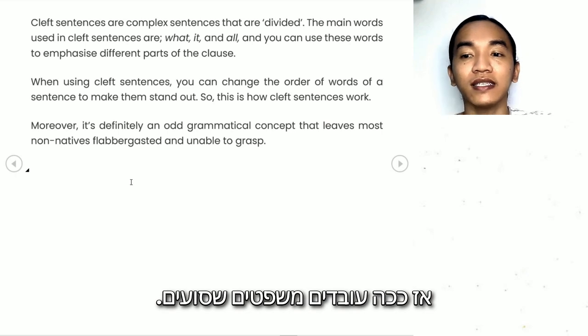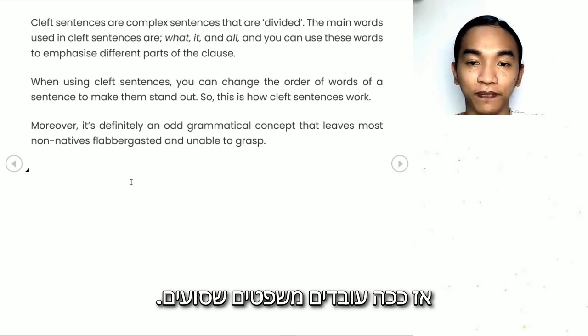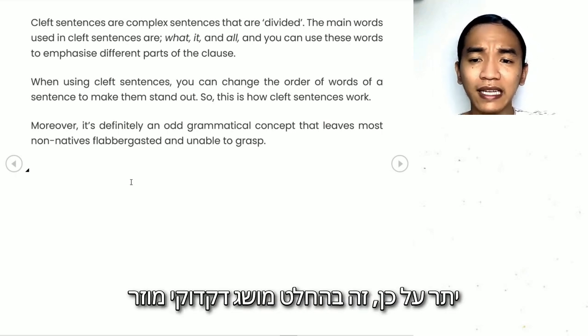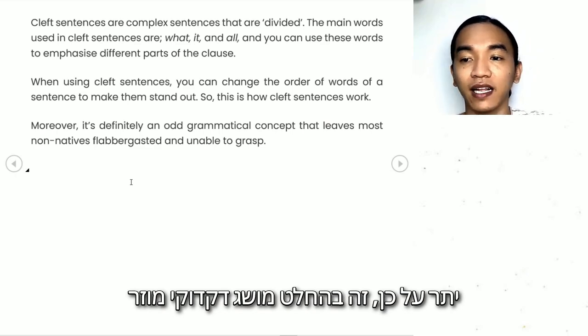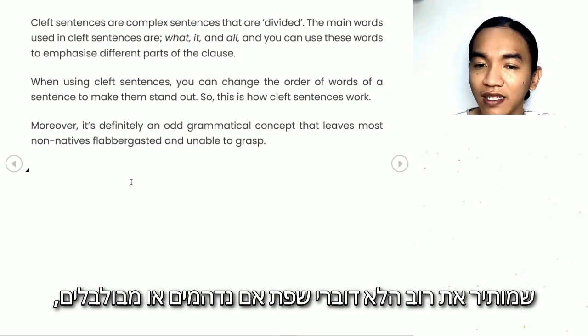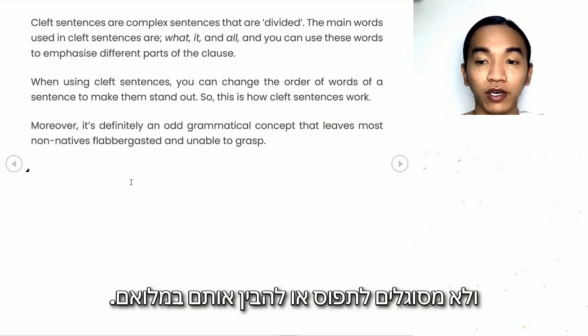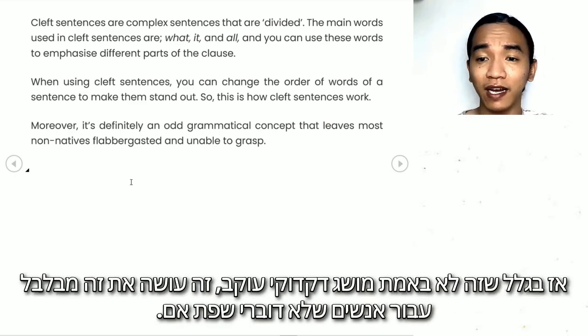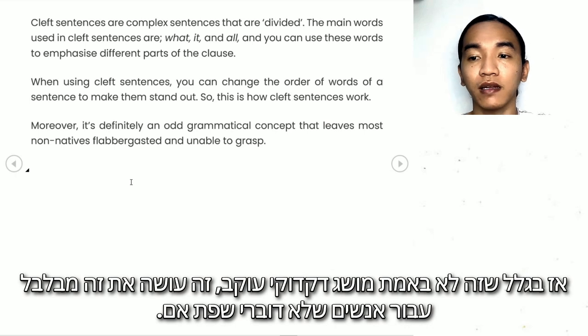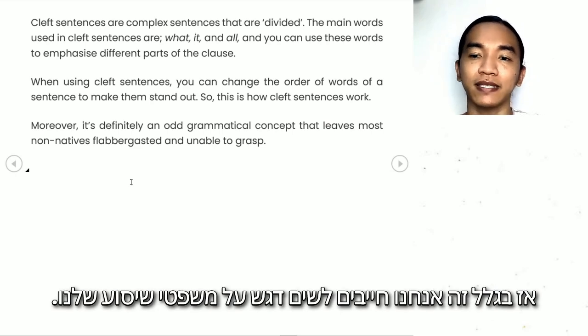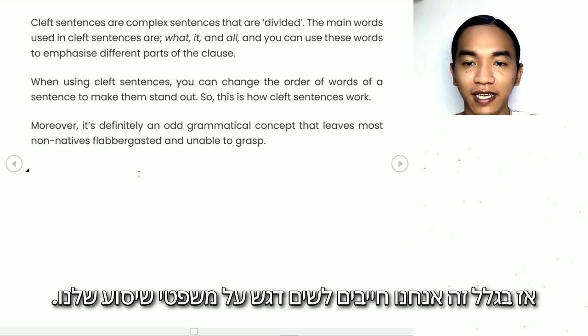So, this is how cleft sentences work. Moreover, it's definitely an odd grammatical concept that leaves most non natives flabbergasted or confused and unable to grasp or to understand it fully. So, because it does not really follow a grammatical concept, okay, it makes it confusing for non native speakers. So, that's why we have to put emphasis on our cleft sentences.